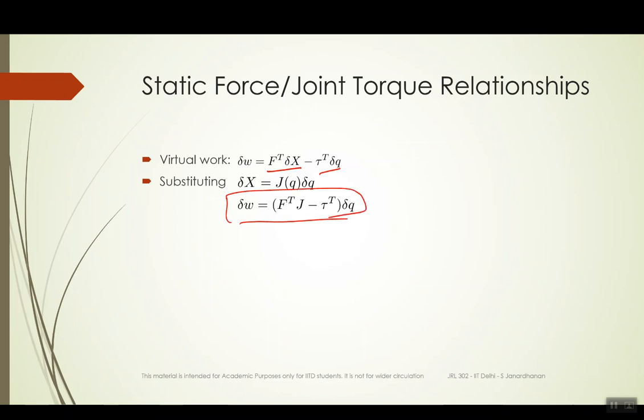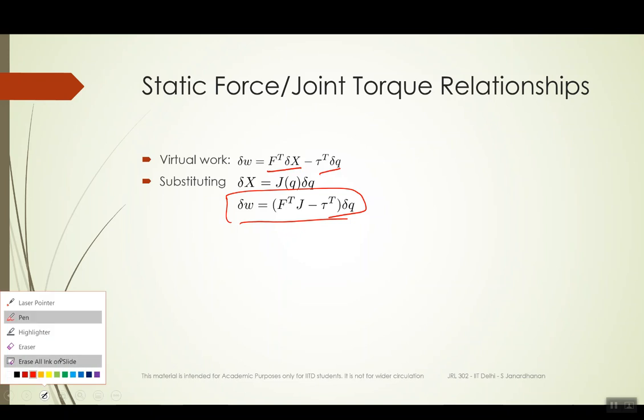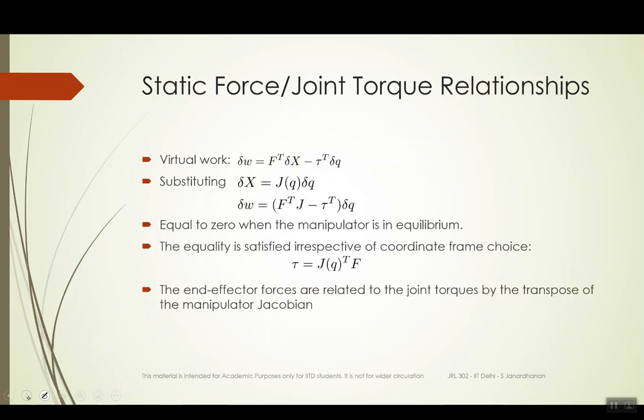Once the system is in equilibrium, this delta W would be equal to 0 when the manipulator reaches equilibrium. So delta W is F transpose J delta q minus tau transpose delta q.